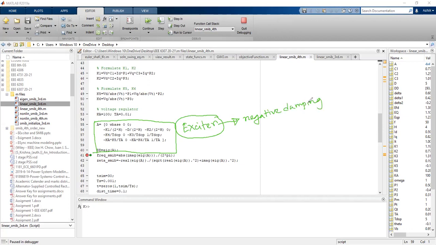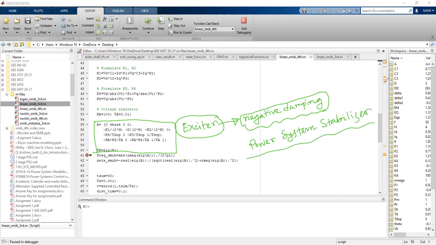When you incorporate the exciter into your synchronous machine block, you introduce some negative damping. To get rid of this negative damping effect, we would go and design the power system stabilizer, which would ultimately bring us the stability for the system under consideration. So our next topic, inshallah, will be the consideration and design of the power system stabilizer.